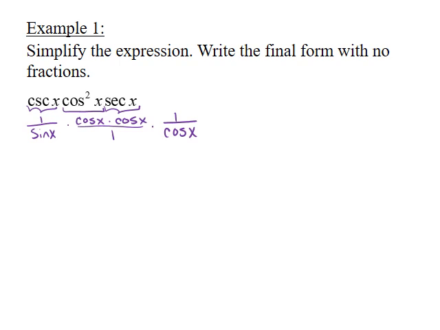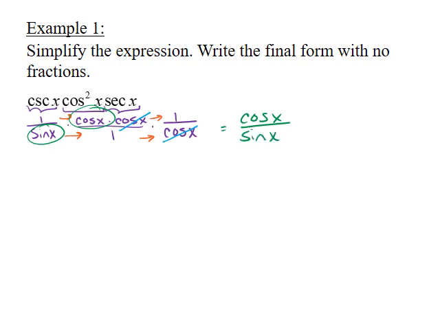So from here, we can hopefully remember that when we are multiplying fractions, we multiply across the top and across the bottom. So we should be able to tell that a cosine of x and a cosine of x will cancel out. And then I'm left with a cosine of x in the numerator and a sine of x in the denominator.